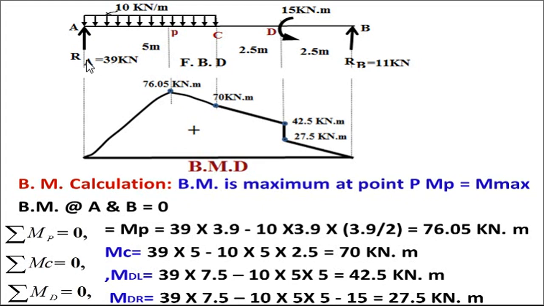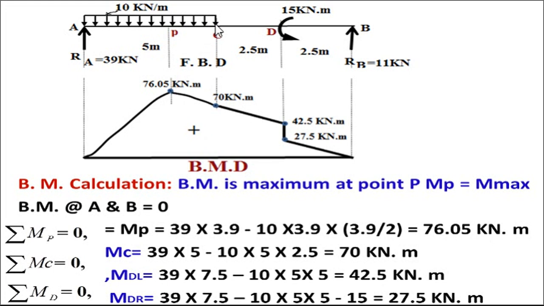Moment from A, this is 39, into this distance 3.9 up to P. 39 into 3.9, it is clockwise positive, minus 10 into 3.9 into 3.9 by 2, half of UDL. You will get 76.05 kilonewton meter. That is the first moment, under point P.